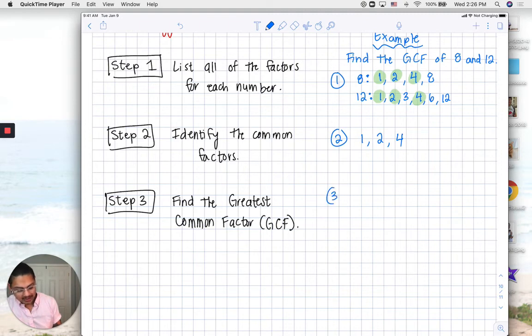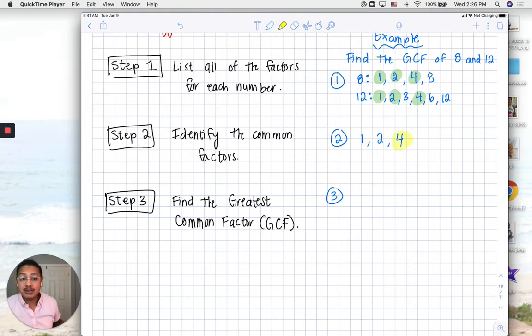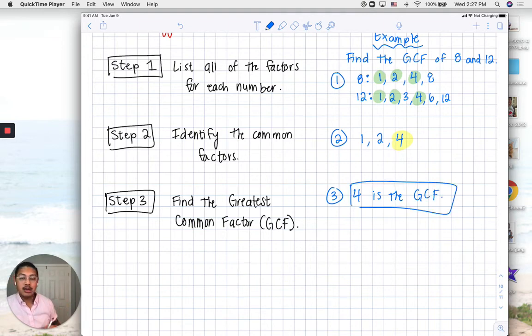Now looking at this list, step 3, find the greatest common factor. Which one is the biggest? Actually, let me highlight it here in yellow. The biggest number that they have in common, or the biggest factor they have in common, is 4. So we say 4 is the greatest common factor. And that is our answer.